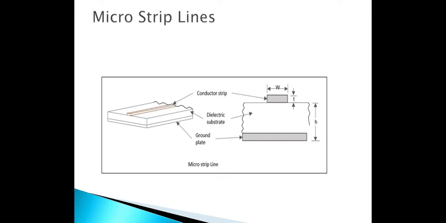So microstrip is a type of electrical transmission line which can be fabricated using printed circuit board technology and is used to convey microwave frequency signals, which consist of a strip separated from a ground plane by a dielectric layer known as the substrate.